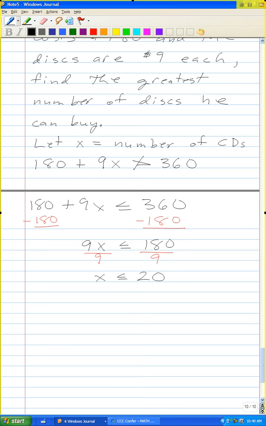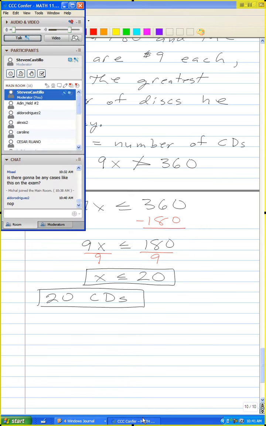And so the greatest number of discs you can buy is 20 discs. So that's the greatest number of CDs that he can buy. Any questions about that? Okay, good.